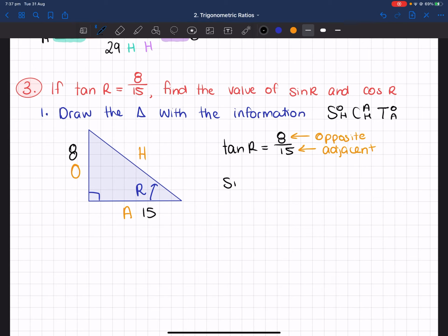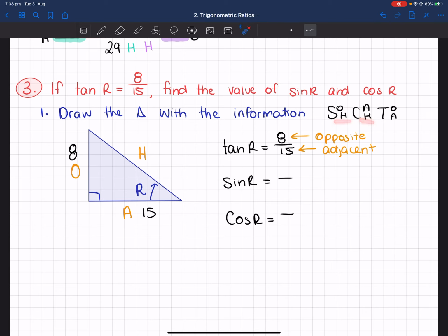Now we want sine of R and cos of R, that's what the question says. But for both of these, we're going to need the hypotenuse.